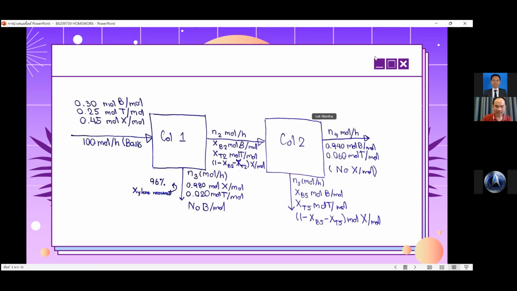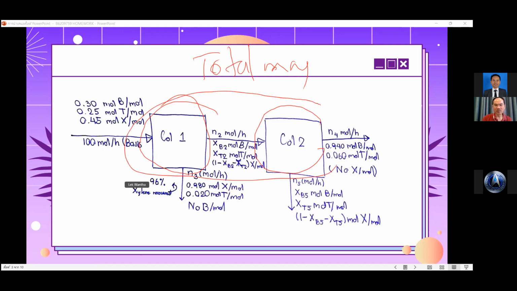If you would like to balance total mass, you have to say total mass. Total mass for column 1, total mass around column 2, or total mass for the overall process. Benzene balance for the overall process, benzene balance for column 1, benzene balance for column 2. When you write the balance, you have to say what kind of balance.